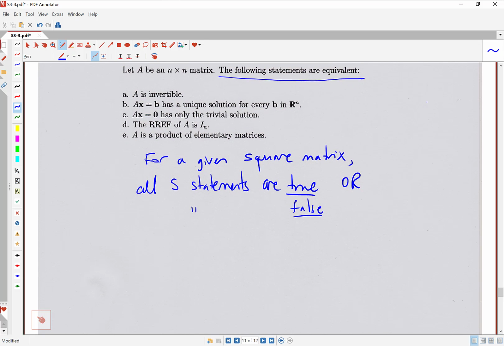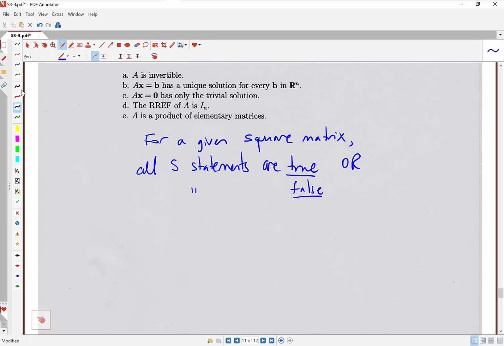So let's do a couple of quick examples just to illustrate that. First quick example, let's take the matrix A, which looks like 1, 4, 6, 9. Now let's take a look at these statements. Statement A is that the matrix is invertible. That's actually pretty quick to check because all we need to do is calculate the determinant of this matrix.